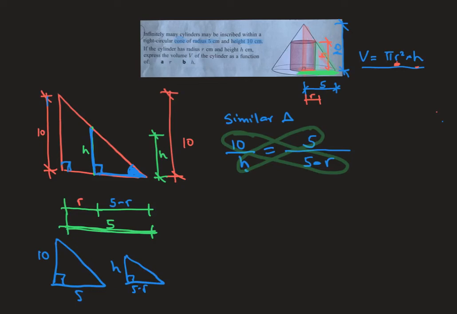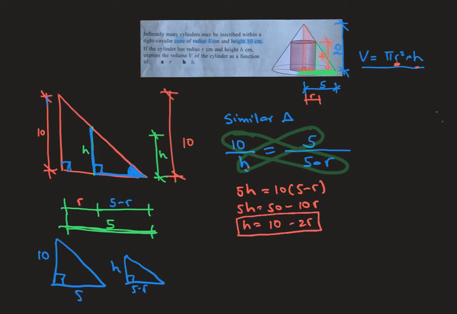I'm not going to confuse you, but in my opinion this is the easiest one. So we have 5 times H equal to 10 times 5 take away R. Let's expand this: it's 50 take away 10R. If I want H by itself, divide everything by 5, and it's going to be 10 take away 2R. So this is your H.